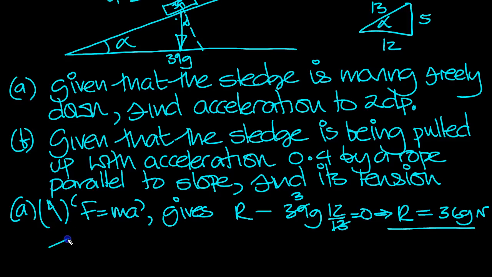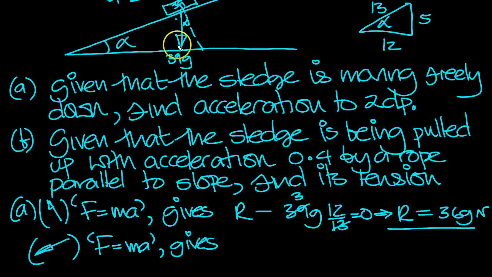So if we go down in this direction now along the slope, the line of greatest slope, and apply F equals ma in this direction, see what we get. So here we'll have 39g times sine of this angle. Sine of the angle is 5 over 13.